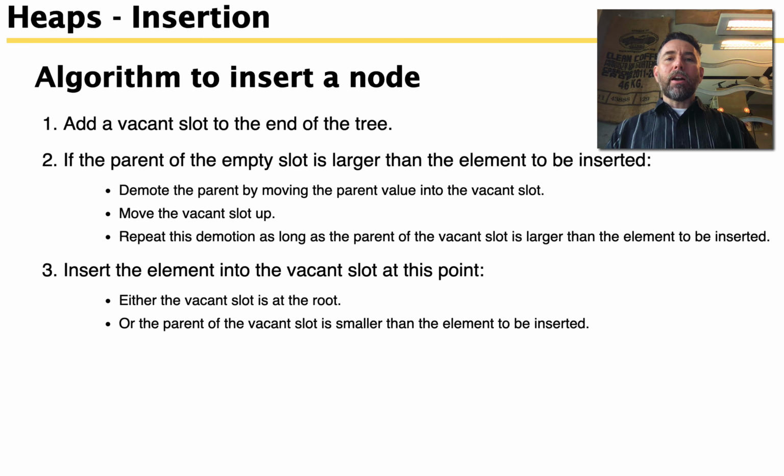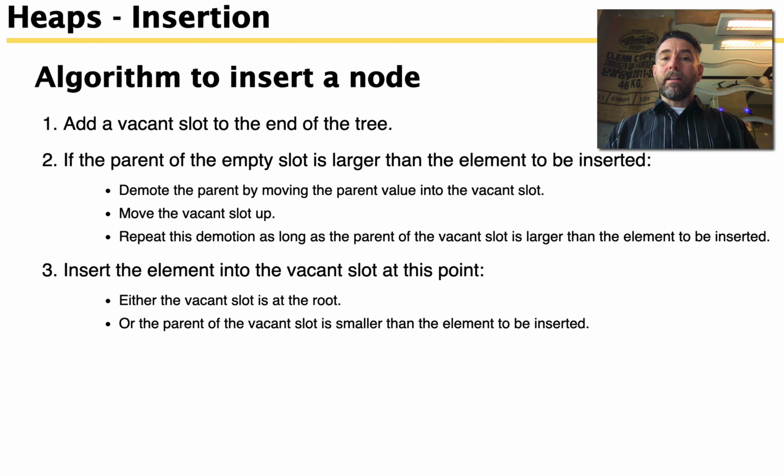So instead of putting our new data into the empty slot, we move our parent data and put that into the empty slot. And then we consider putting our new data into the slot that was vacated by the parent. In order to do that, we have to check to see whether the parent of the newly vacated slot is less than the element that we're inserting.